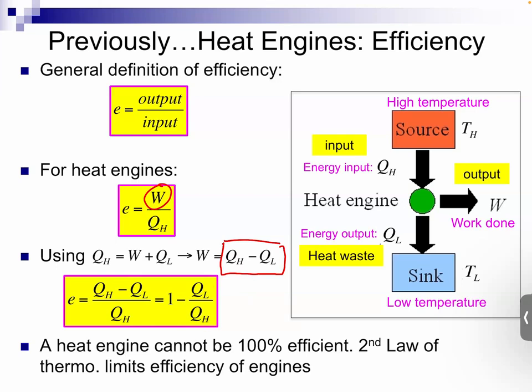And from this form of the efficiency, we deduce that we cannot have a heat engine that's 100% efficient, meaning every device will always have a heat waste, and that's a consequence of the second law of thermodynamics.